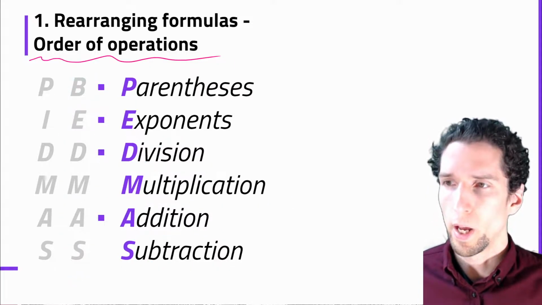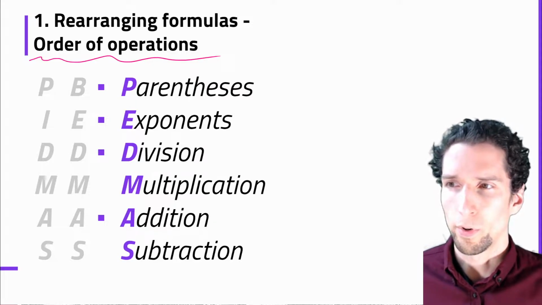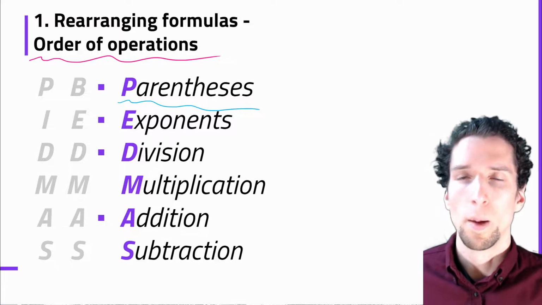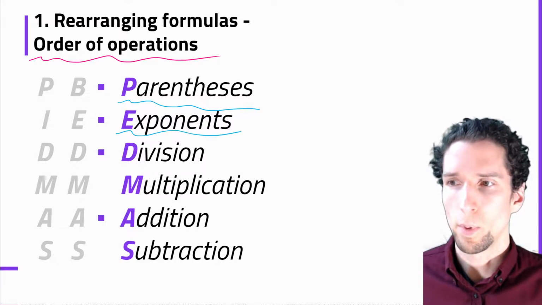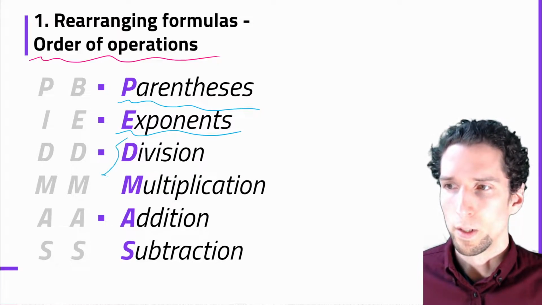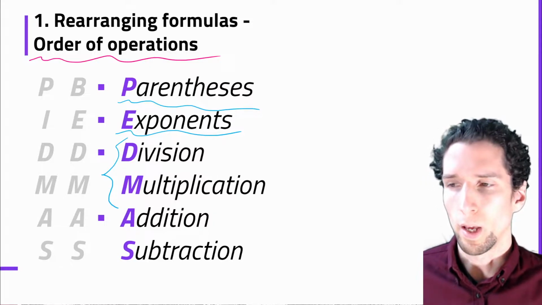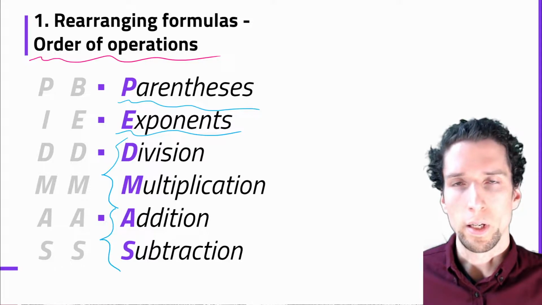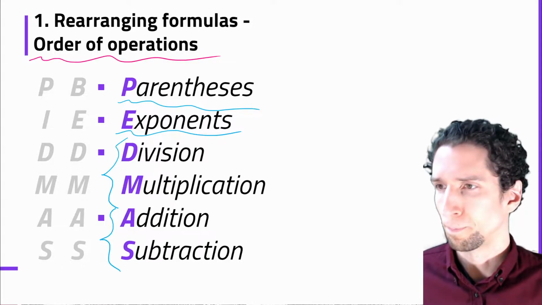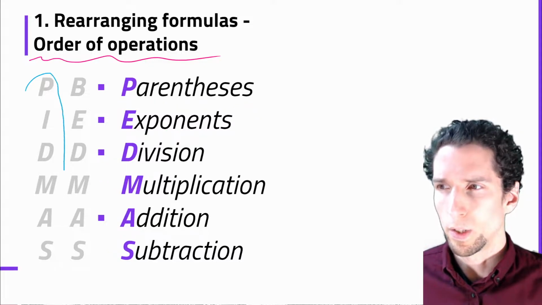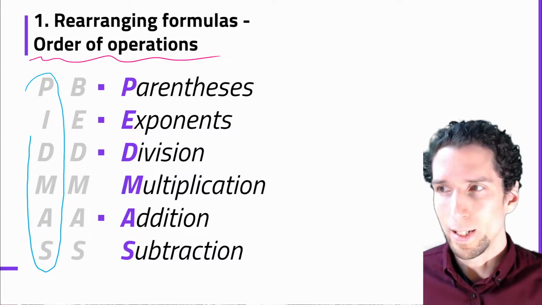The British style, which I prefer because of the term parentheses, is PEDMAS: parentheses first and then exponents, and then division and multiplication together in the order that they appear, and addition and subtraction together in the order that they appear. You might have also seen PIDMAS.